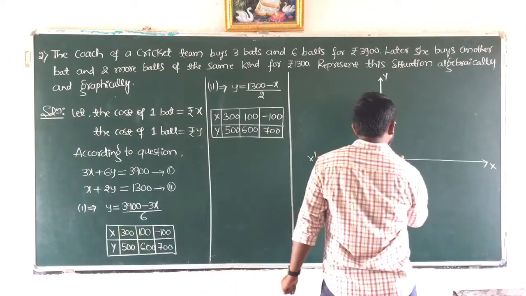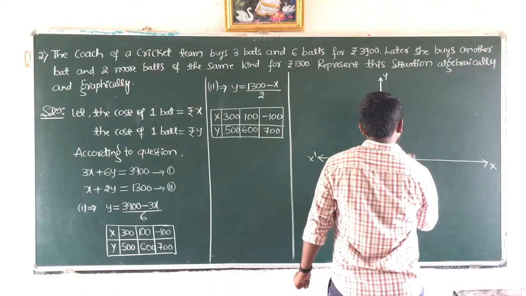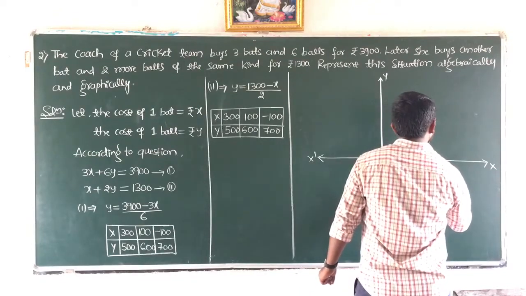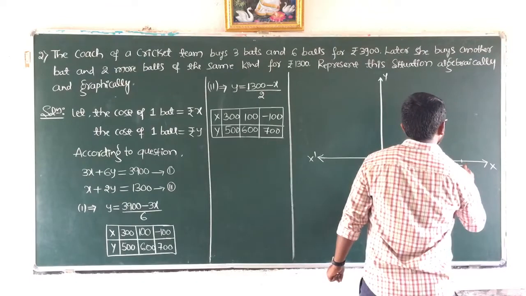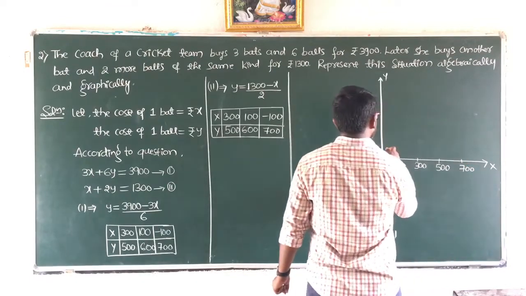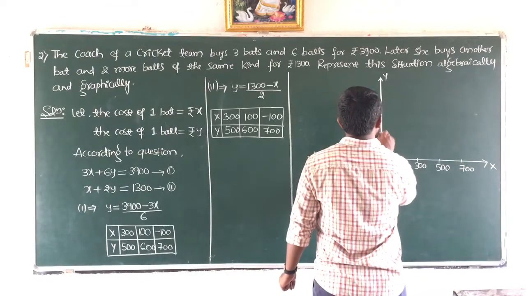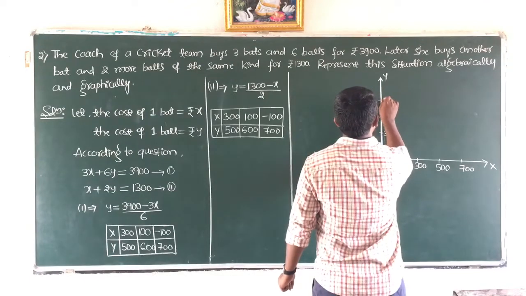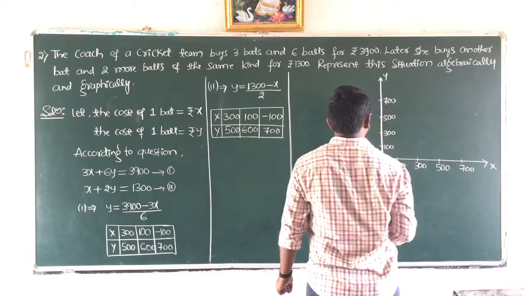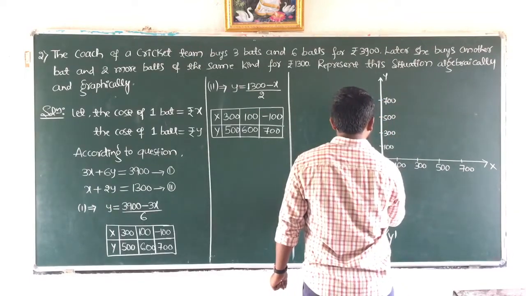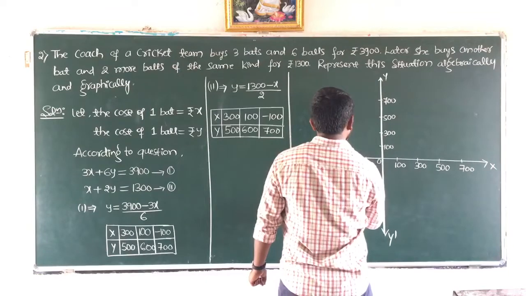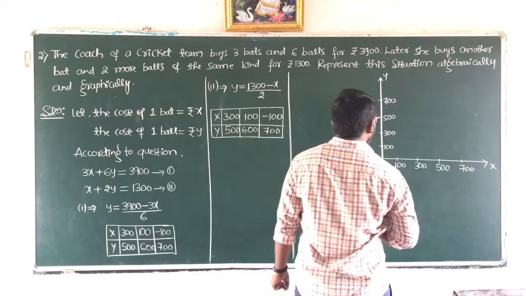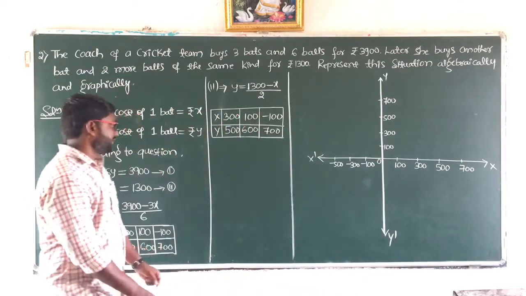So here 100, then 300, then 500, then 700. Similarly on the y-axis it is 100, 300, 500, then 700. So here I get minus 100, then minus 300, and then minus 500.